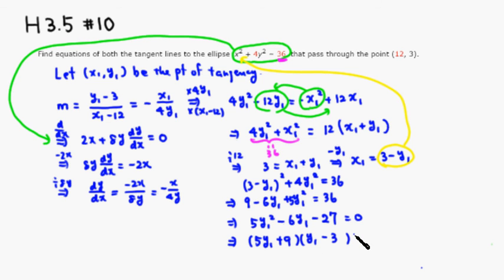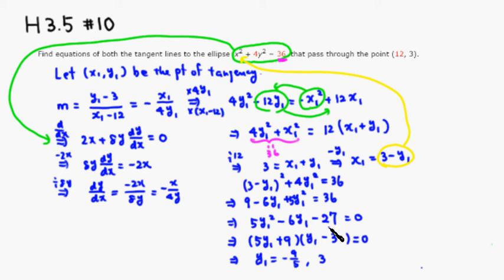So that would work out. Which means y1 is equal to negative 9 over 5, or is equal to 3. So we got that.